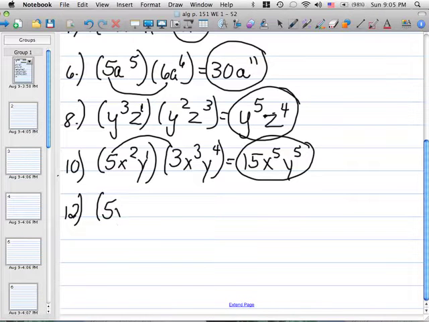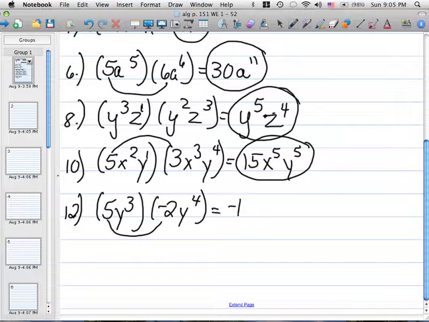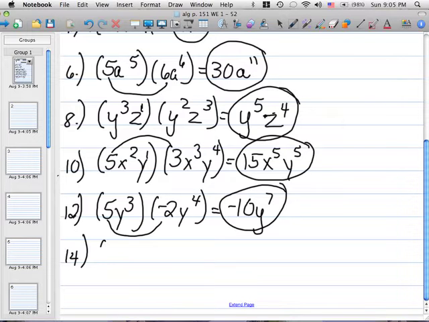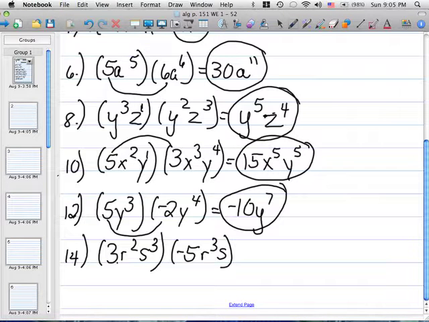Number 12, 5y cubed times the negative 2y to the 4th. Multiply the coefficients together first, that's negative 10. Adding the exponents, that'd be y to the 7th power. Problem number 14, you have 3r squared s cubed times the negative 5r cubed s.